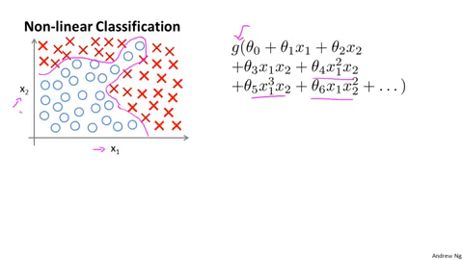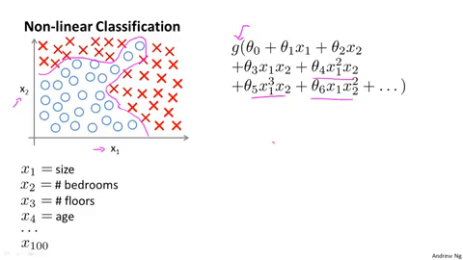But for many interesting machine learning problems, we have a lot more features than just two. We've been talking for a while about housing prediction, and suppose you had a housing classification problem rather than a regression problem. Like maybe if you have different features of a house, and you want to predict what are the odds that a house will be sold within the next 6 months.